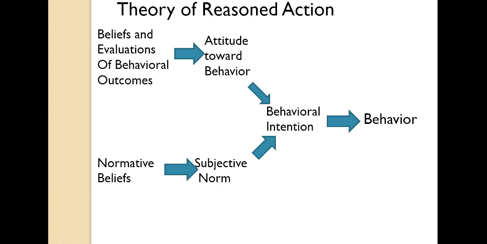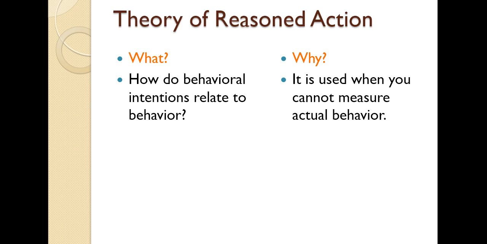But if in your society or your group of people around you, the belief is that it's not important to wear condoms and the norms in your culture are that you should not wear condoms, it's not likely that you're going to intend to use condoms, and it's not likely that you will use condoms. So this looks at a whole bunch of different aspects that lead up to behavior change.